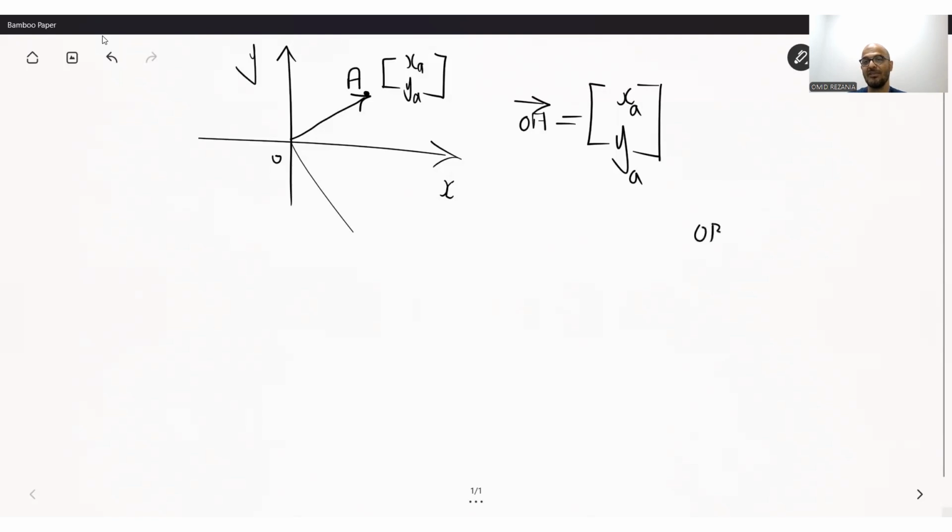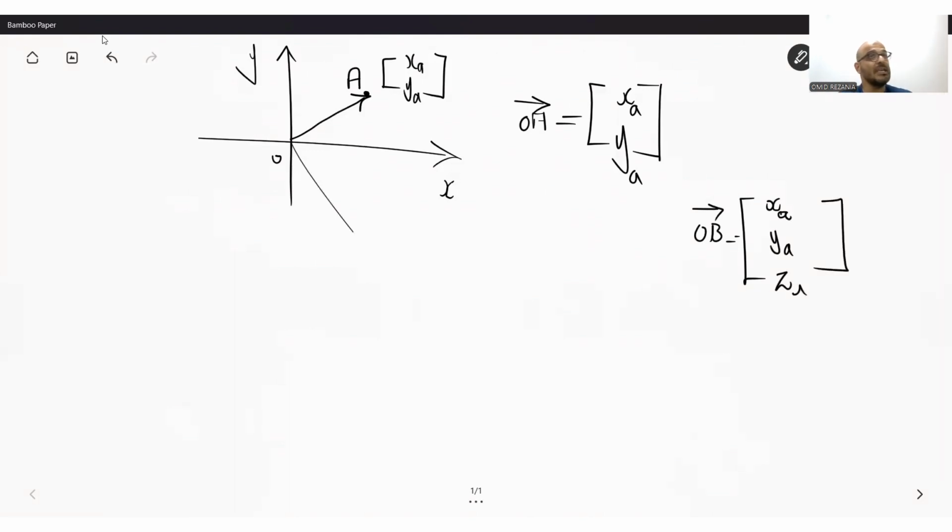I'm going to call that, for example, OB, which comes with x_a, y_a, and z_a, which signify 3 coordinates for that vector.